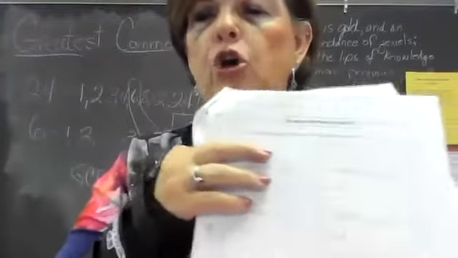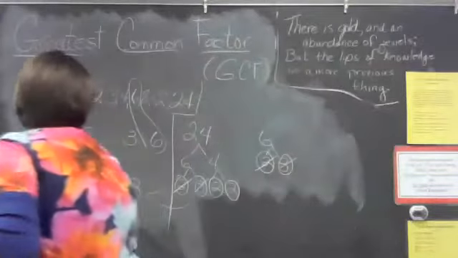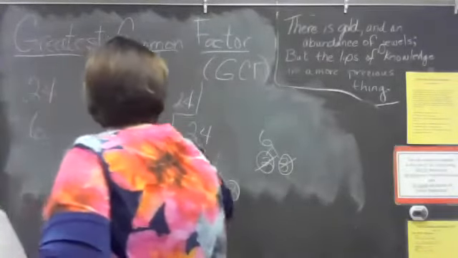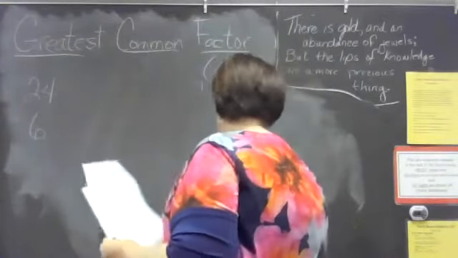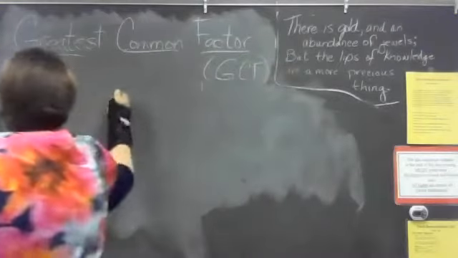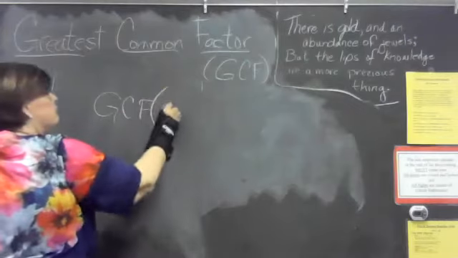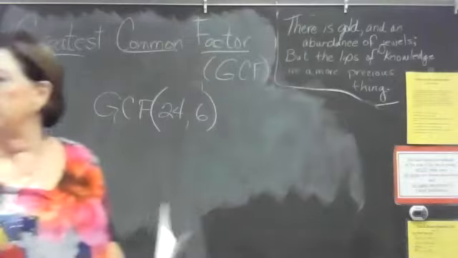And then again, they just show you how they write it now, which means if they're wanting the greatest common factor of these two numbers, they're actually going to note it as they want the greatest common factor of 24 and 6. Okay, that's the way you're going to see it written.